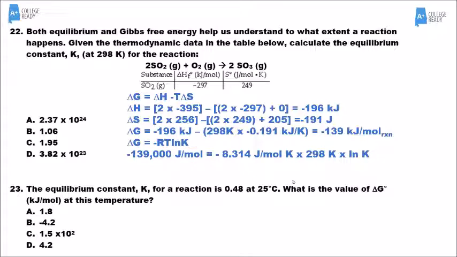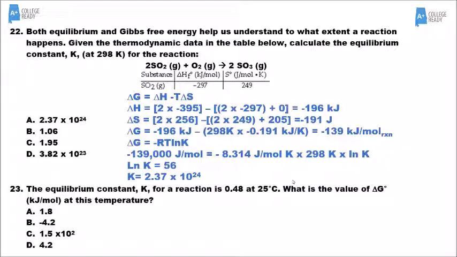So the negative 139 kilojoules needs to be changed to a negative 139,000 joules to make everything fit. We plug in the numbers, we get that the natural log of K is 56, and by taking the inverse natural log, we get this as a K value. And it's greater than 1, really hugely greater than 1. Notice that all the answers are greater than 1, so it makes it a harder problem to guess.